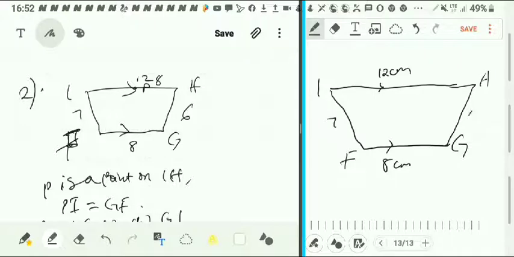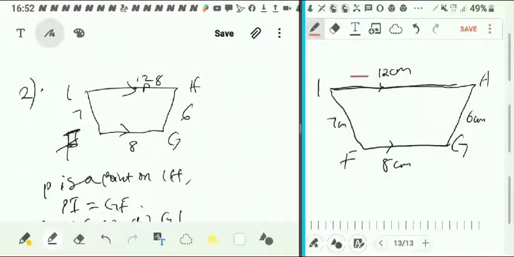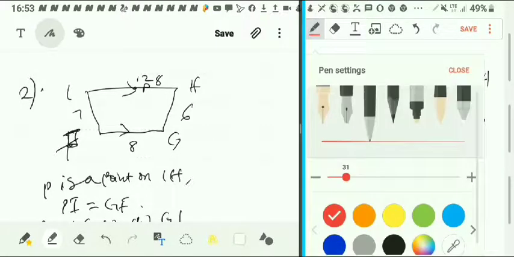Here we're given 7 and 6 centimeters. Now we're told to find what? They said P is a point on IH. This is IH here. If P is a point on IH, let's say P is here. Let me call it P here.